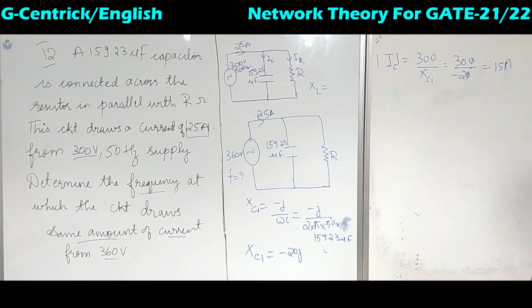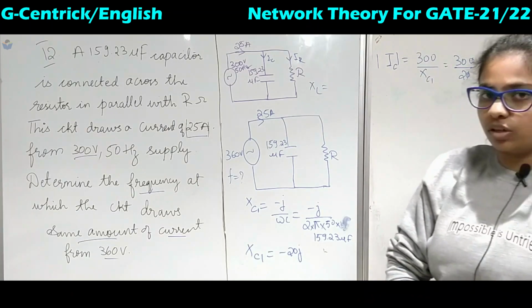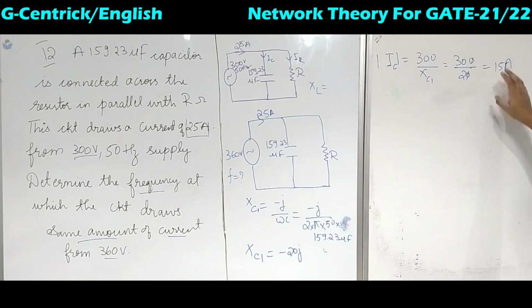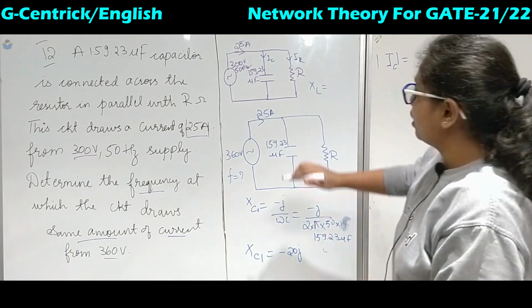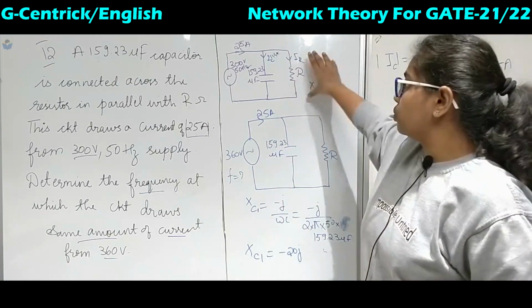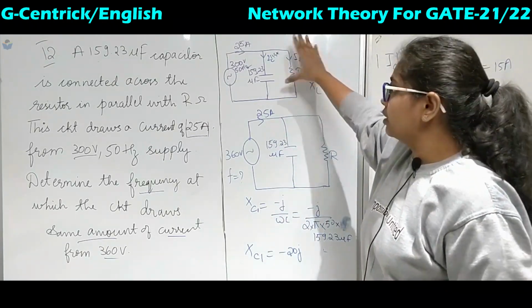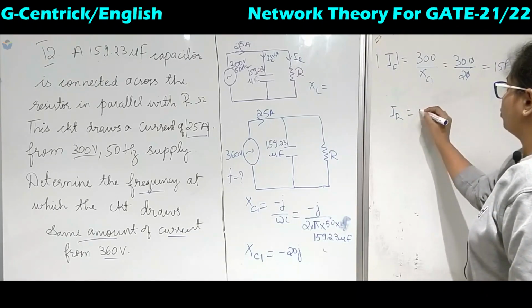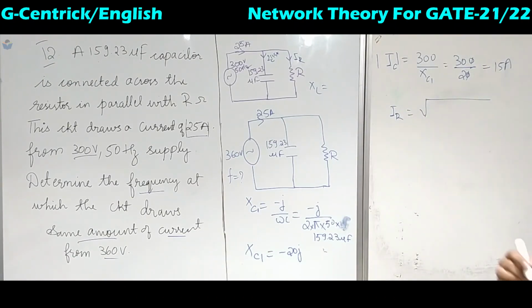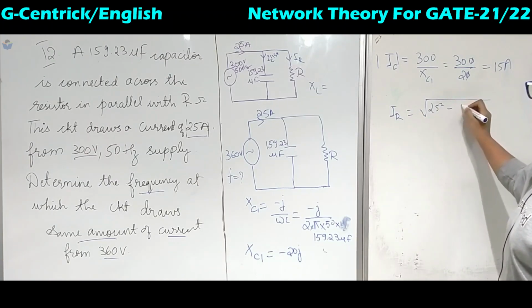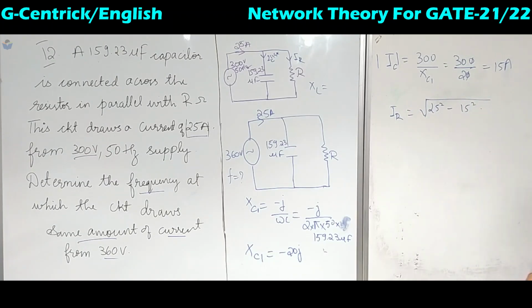Okay, so this is the magnitude. When we are considering magnitude, we will not consider the negative or the imaginary terms. So 15 amperes of current we have got here. Now to calculate the value of IR, we can directly do it by taking the square root of 25 squared minus 15 squared.